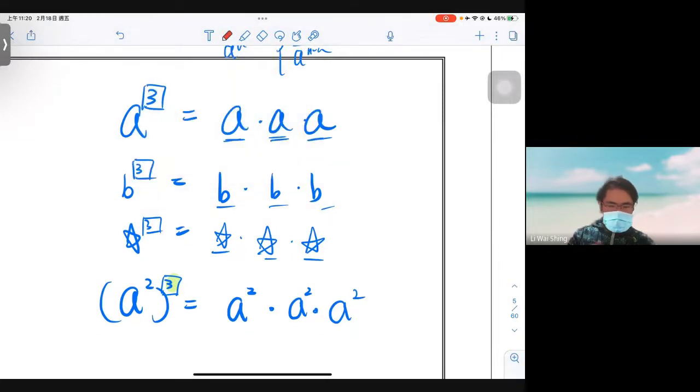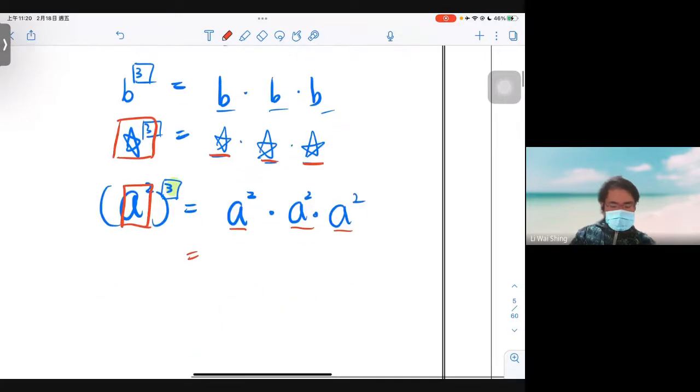Be careful with this presentation. If something is cubed, that means you multiply that thing by itself 3 times. So a square cubed is a square times a square times a square. That means there is a 2 here, 2 here, 2 here, a total of 2 times 3 a's. So the power is 6.